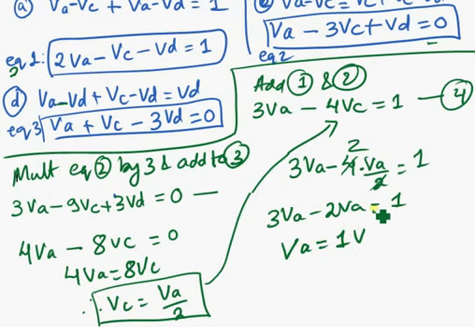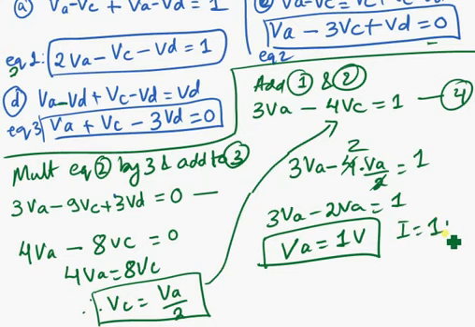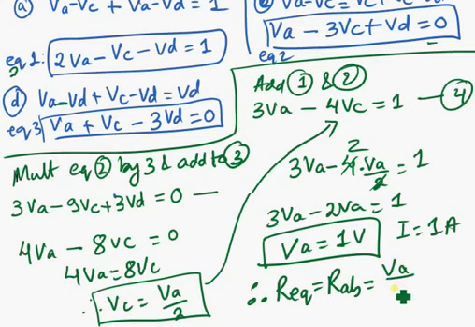We have I equals 1 amp. Therefore, the equivalent resistance RAB is equal to VA over I, which is 1 volt over 1 amp, equals 1 ohm.